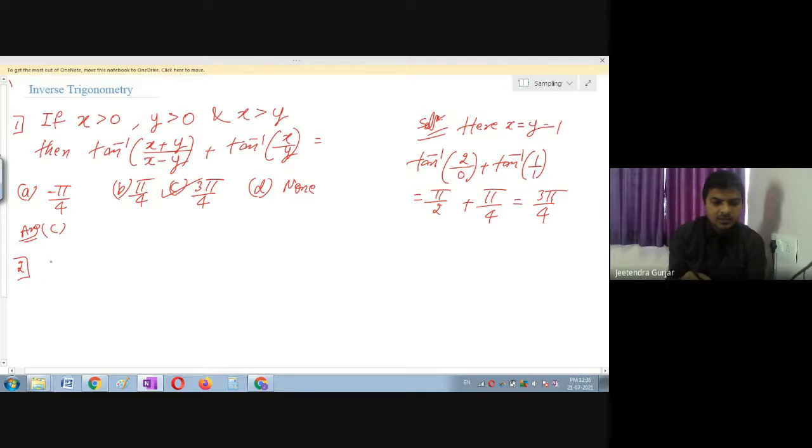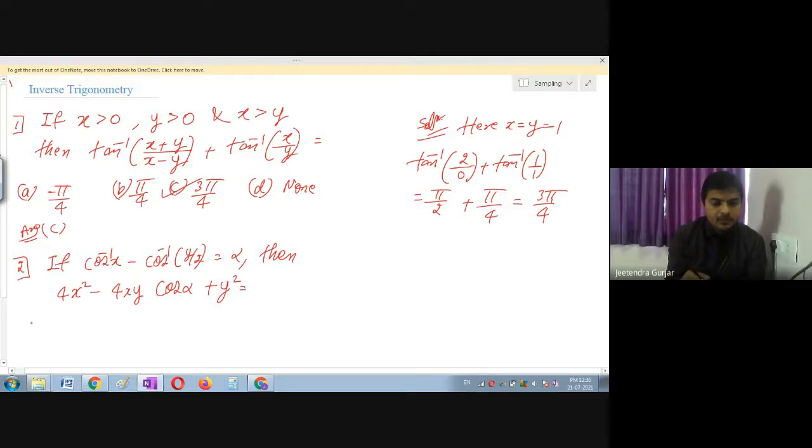Easily you should now simplify. See here: if cos inverse x minus cos inverse y upon 2 is equal to alpha, then you can easily tell me that 4x square minus 4xy cos alpha plus y square is equal to.